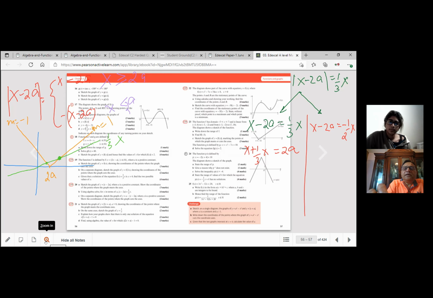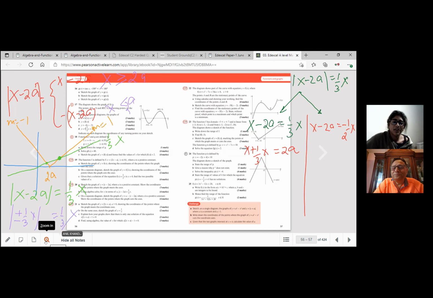What we're trying to say when we solve x minus 2a equals 1/3 of x is that the value inside the absolute function could be plus or minus 1/3 of x, and then it is equal to 1/3 of x.